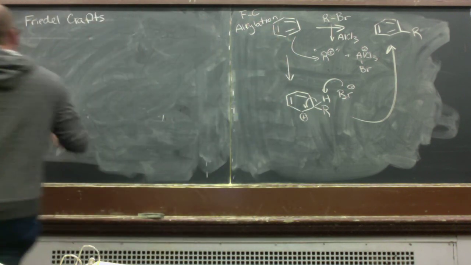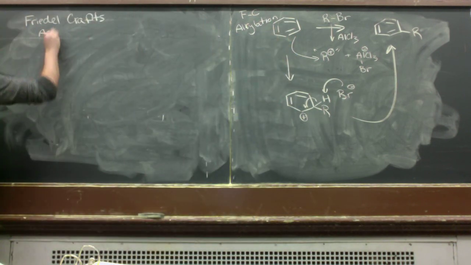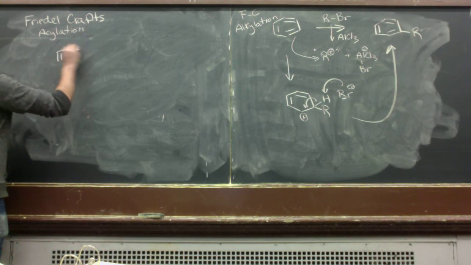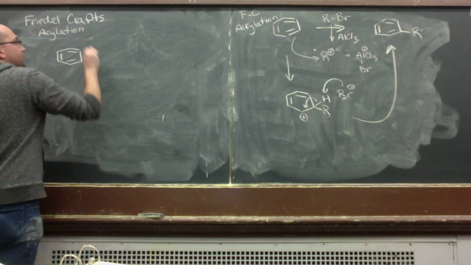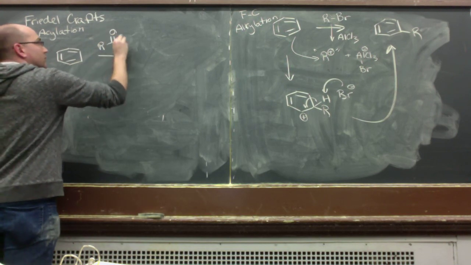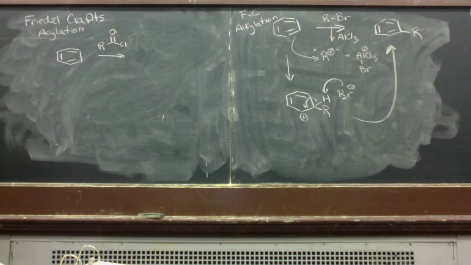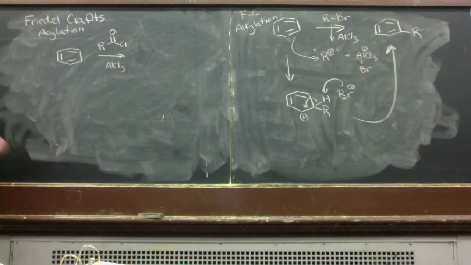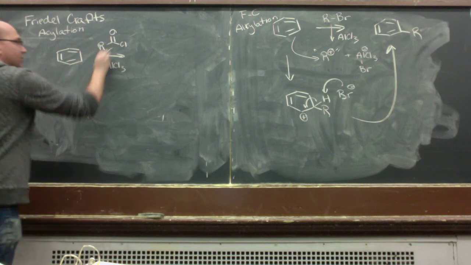Okay? In the case of Friedel-Crafts acylation, the difference is that you have an acid chloride. Okay? So if you do the same chemistry with aluminum trichloride, okay? Again, these are going to react together.